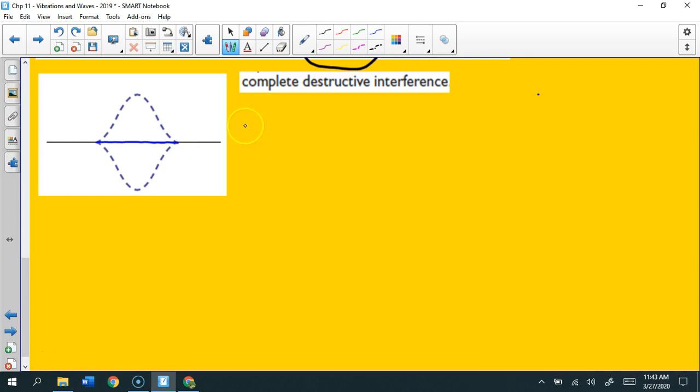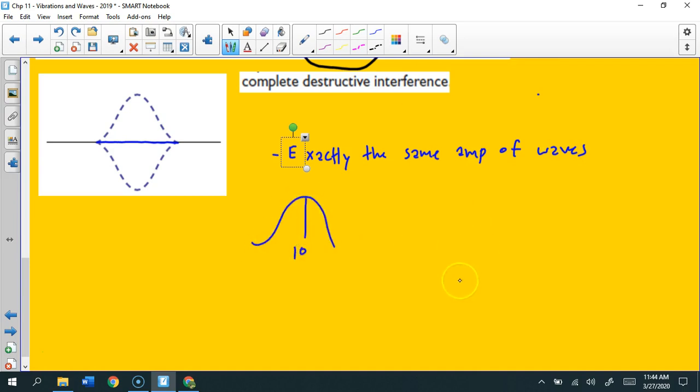Well, the way that would occur is if you had exactly the same amplitude of waves. So if you had a wave that was positive 10 and a wave that was negative 10, that clearly is not to scale, and they were traveling in opposite directions, like this over here, and they had to be on opposite sides.